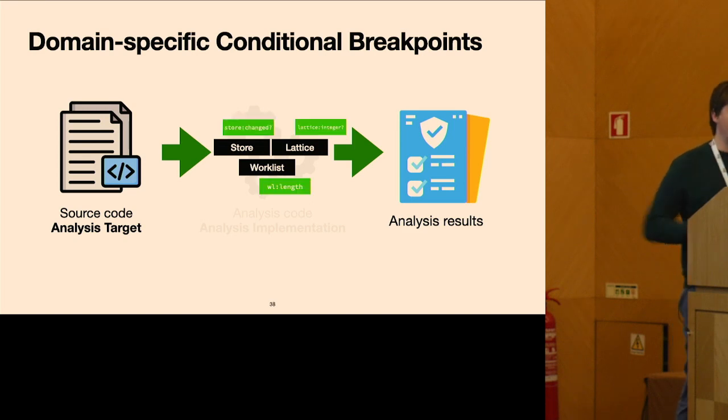And each of these categories have specific breakpoints associated to them. For example, for the store, we could ask the debugger whether the store has changed between the current suspension of the analysis and the previous one.